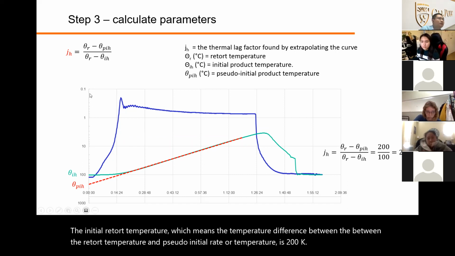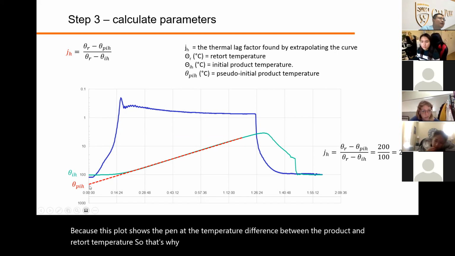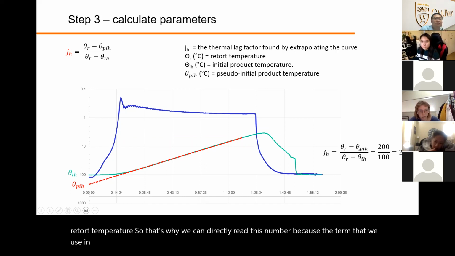Because this plot shows the temperature difference between the product and the retort temperature, we can directly read this number, because the term that we use in the equation is the temperature difference.